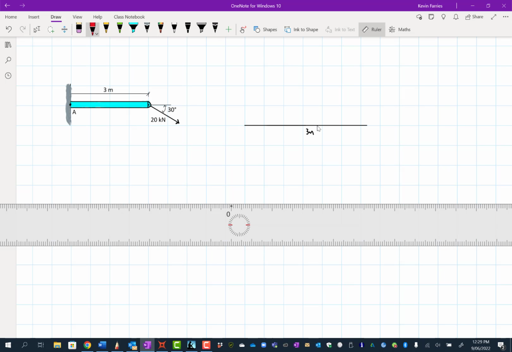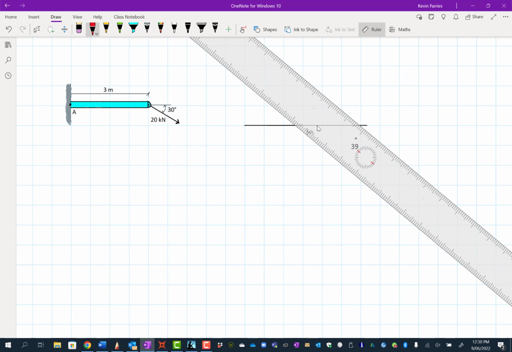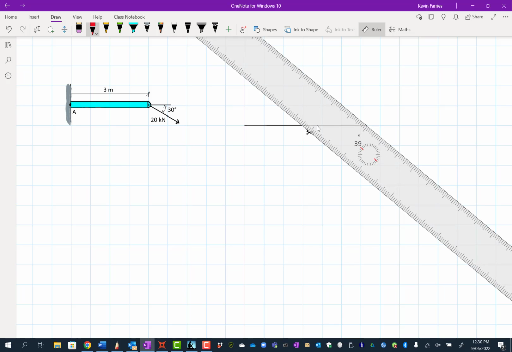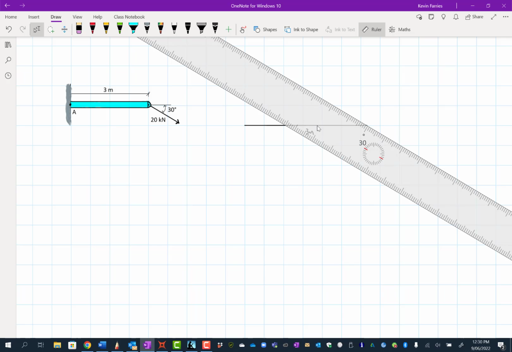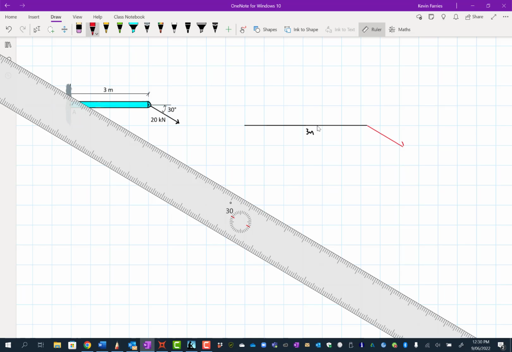And we've got a force, which I'll do in another colour so it's clear. It's at 30 degrees to horizontal, and it's 20 kilonewtons. So it's a different scale, it's kilonewtons this time. I'll do 10, 20 kilonewtons like so. That's 20 kilonewtons.